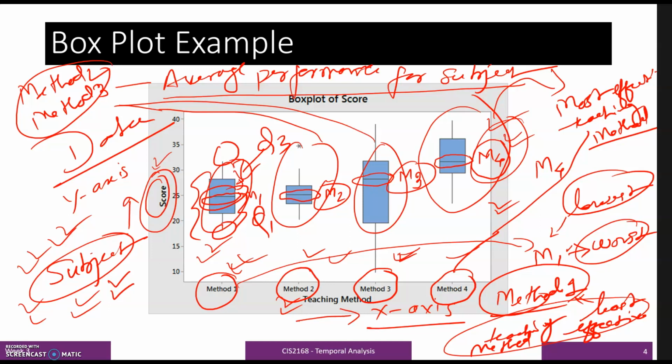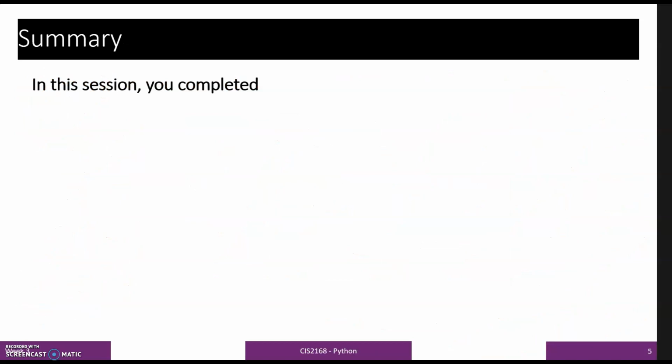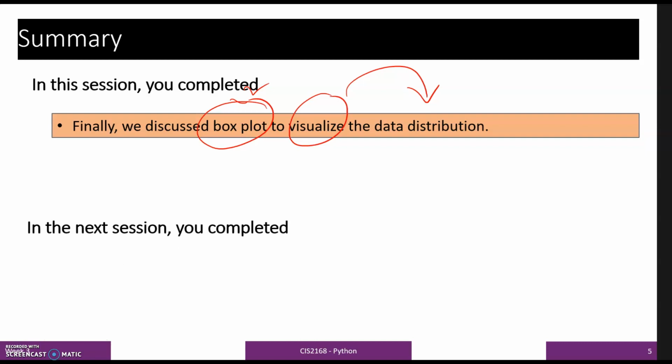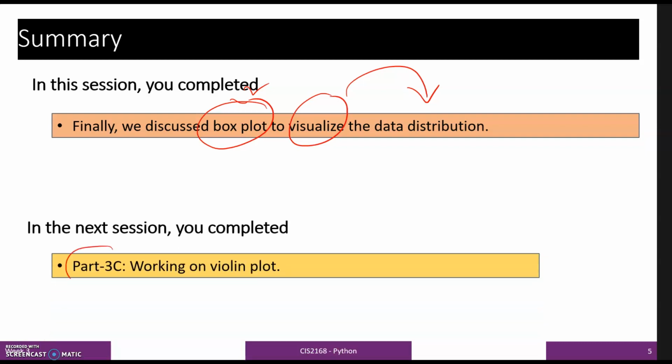In the next slide I have presented the summary for this session. In this session we discussed the box plot, and we visualized the data distribution with the help of the box plot. In part 3C, we will discuss the violin plot, the third plot to visualize data distribution.